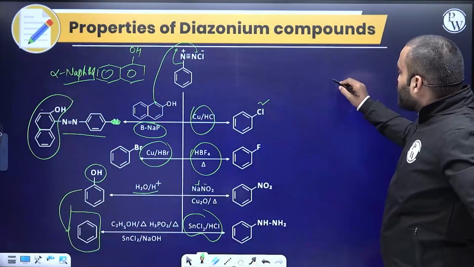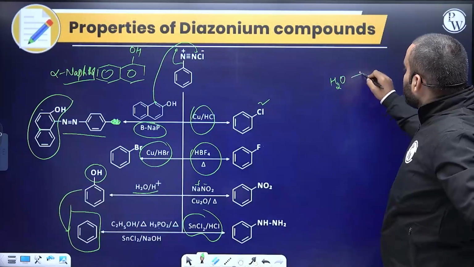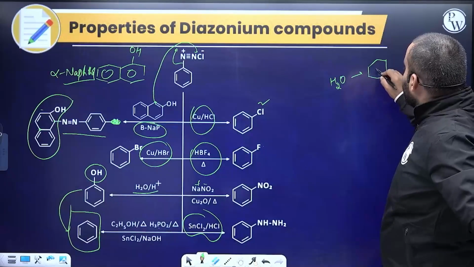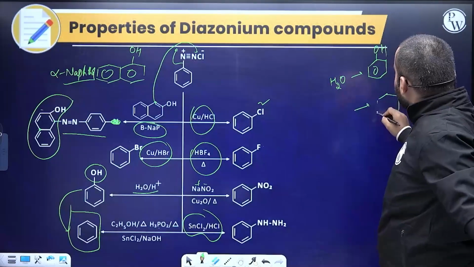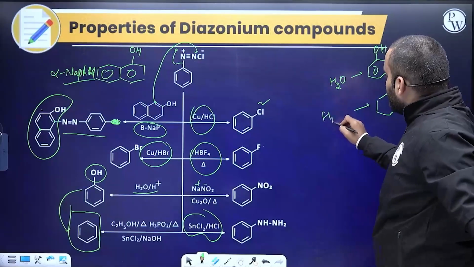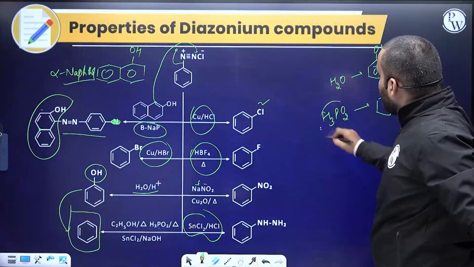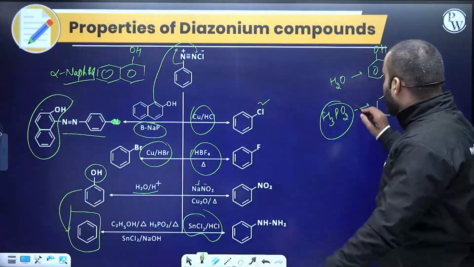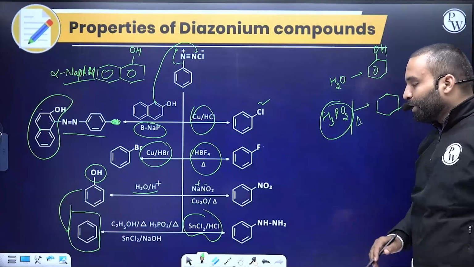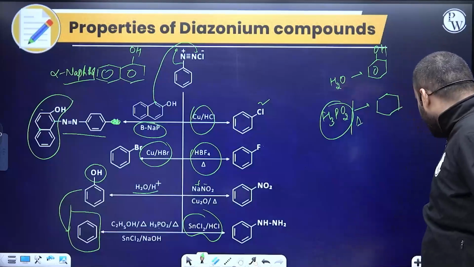Remember, H2O forms phenol starting from benzene diazonium salt. And if you want to particularly form benzene, you need to use H3PO2, very commonly used. Little bit of heating. That's all you need to use to prepare the desired molecule.